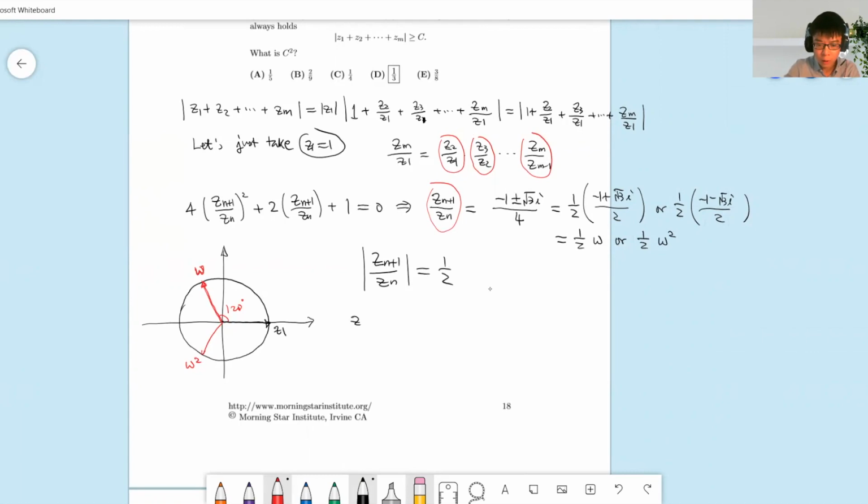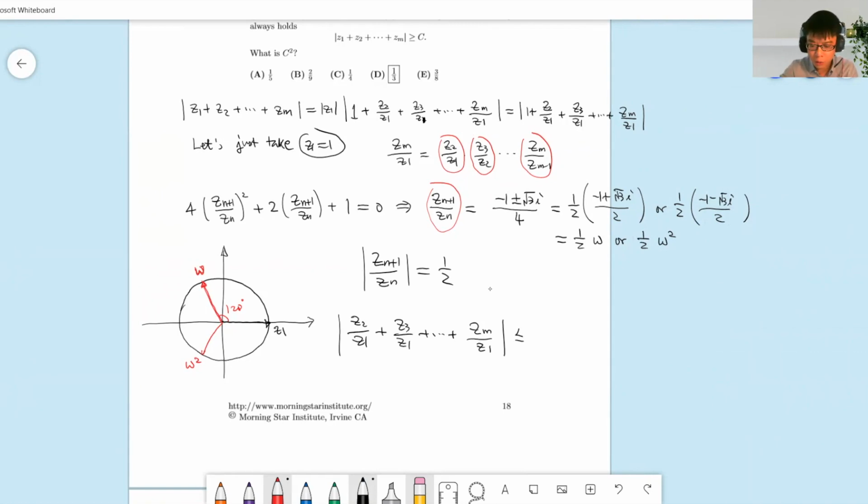So if we look at Z2 over Z1, Z3 over Z1, all these terms, we see the modulus is smaller than or equal to 1. It cannot be larger than 1. So we compare these two parts, 1 and the later terms.